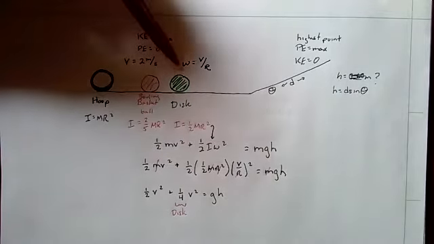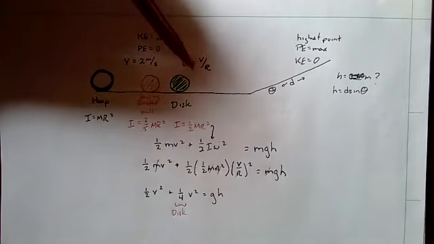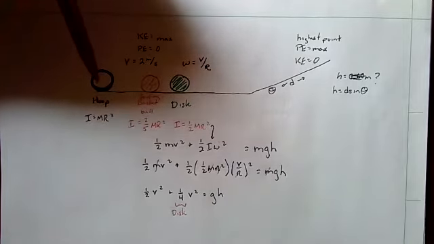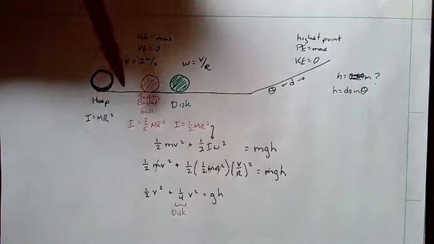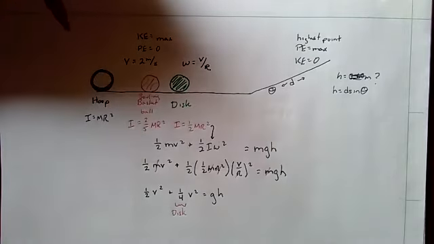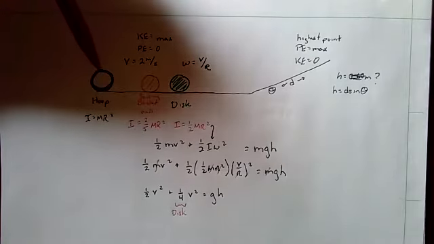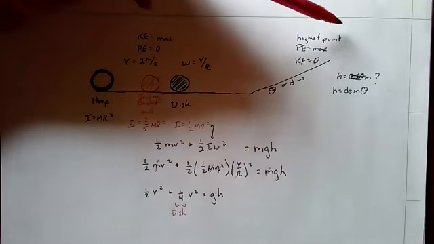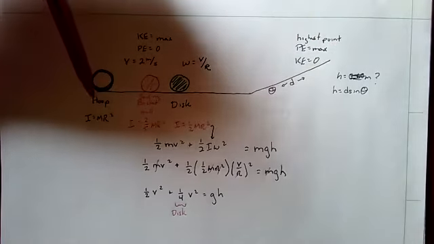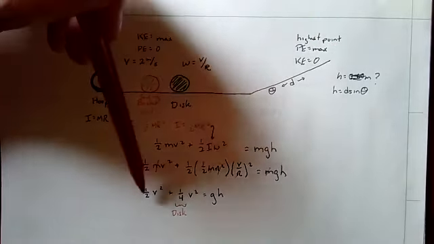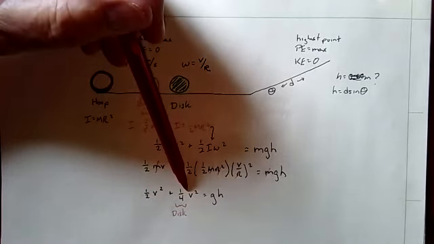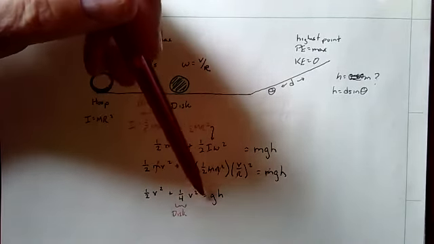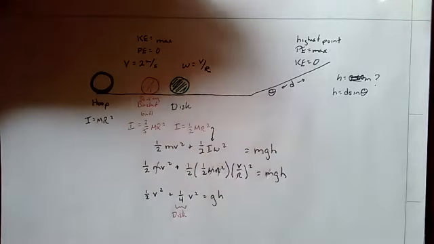Remember that we said the velocity is the same for all of them. And since the velocity is the same, there is energy stored in not only linear motion, but also rotational motion. And so the one that's got the biggest rotational inertia is actually going to go highest up the ramp. If we did a hoop and put in just mr squared here, we'll have 1/2 plus 1/2. So that would give us the biggest h.